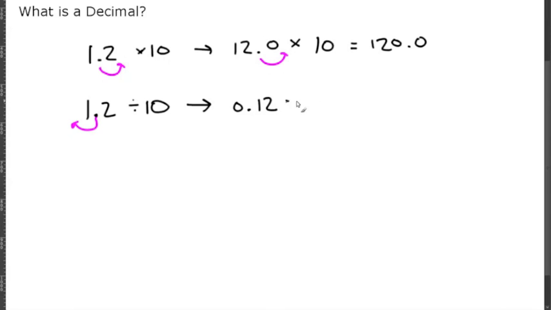Now let's divide it by another 10. Now we're taking this decimal and moving it over again. So now we're going to have 0.012 or 12 thousandths. So when you multiply by 10, you move the decimal to the right one space. When you divide by 10, you move it to the left one space.